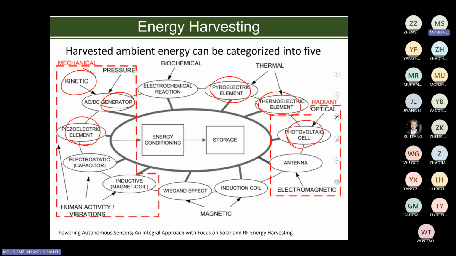For this course, we will look at piezoelectric, one form of mechanical energy. Then we will look at pyroelectric and thermoelectric, forms of thermal energy. And we also will look at photovoltaic, one form of electromagnetic. So this is what we will discuss throughout these 14 weeks.